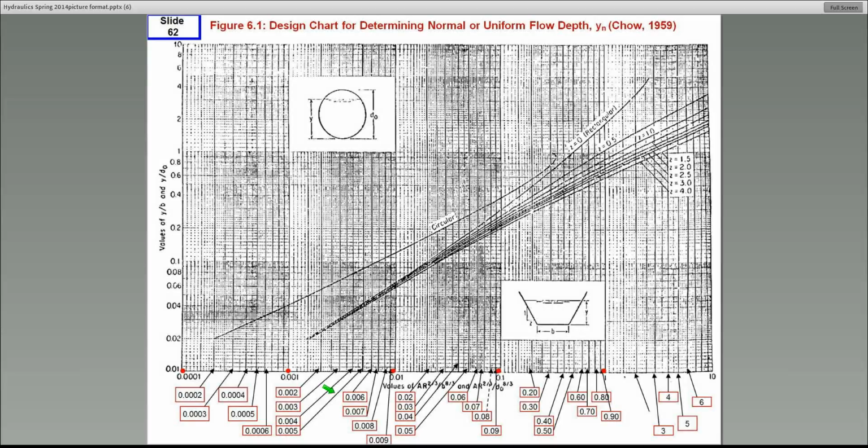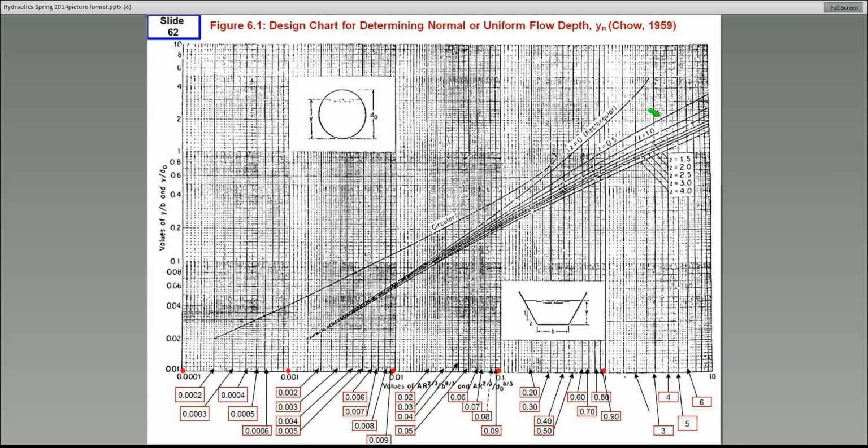Some of your review manuals may already have this. In this particular figure, there's only one horizontal axis. There's nothing on top, like we saw in the other case. And everything is for circular and rectangular and so on. So there's your rectangular pipe cross-section, there's your circular pipe, and there's also trapezoidal with different side slopes.